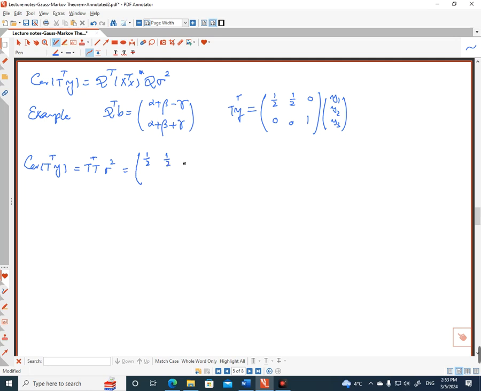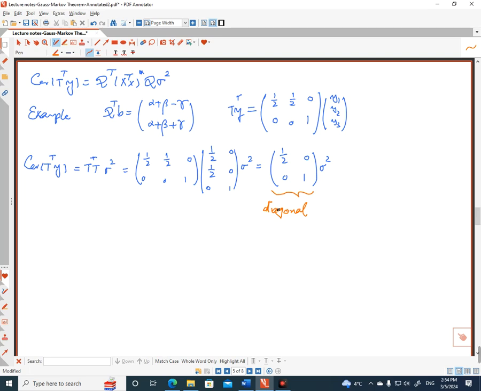First the matrix itself, and then transposing the matrix with sigma square, which is indeed equal to half 0, 0, 1 sigma square. If you look at this matrix here, this matrix is a diagonal matrix, so we can say the functions are uncorrelated.